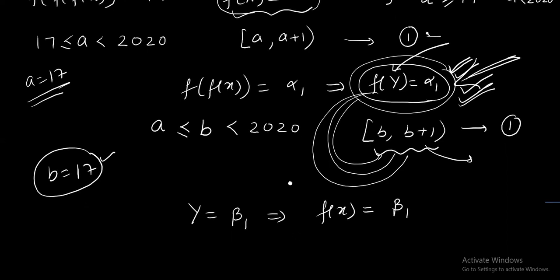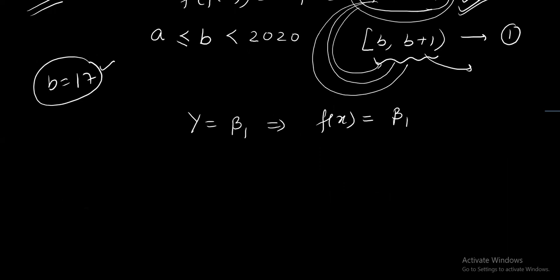f of x is equal to beta 1, where beta 1 once again belongs to the interval 17 to 18. If I take b as 17, beta 1 was the root belonging to 17 to 18. So again the same situation: how many solutions are we going to have for this equation, where beta 1 belongs to 17 to 18?